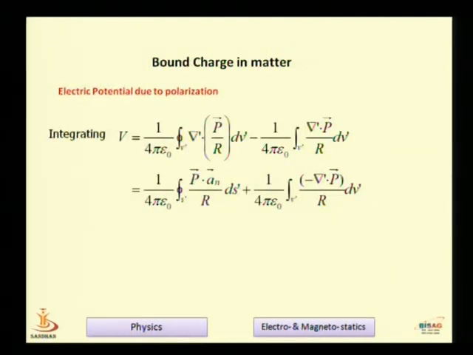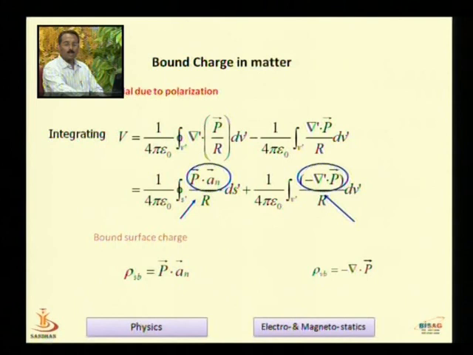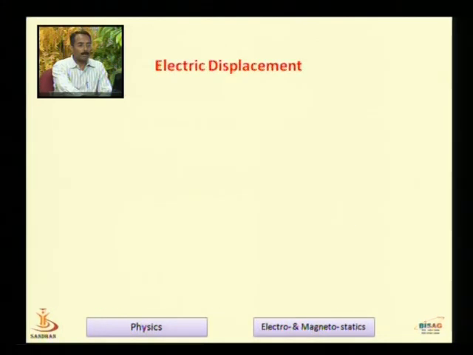Now we can write down the potential for the polarization. You can see this is because of the bound surface charge density, and this particular term is because of the bound volume charge. So polarization leads to bound surface and volume charge density.